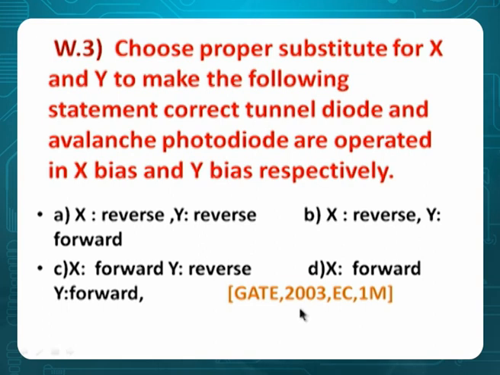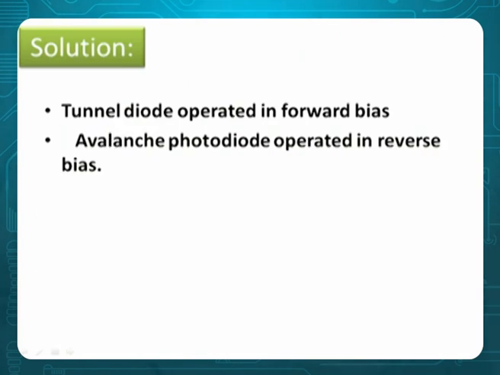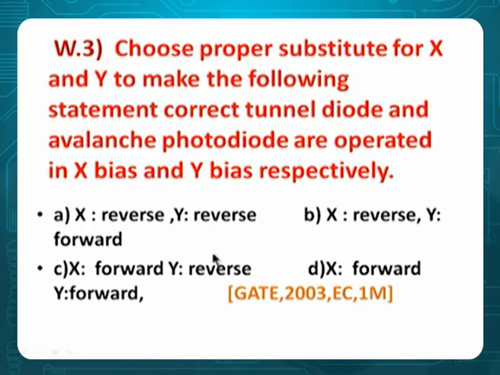This is also given in the GATE exam. By that you can understand how special diodes are asked in the exam. Tunnel diode operates in forward and avalanche diode operates in reverse. So one is forward, the other is reverse. The option is C.